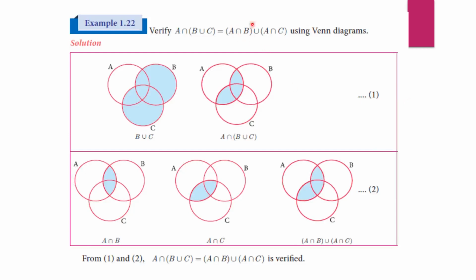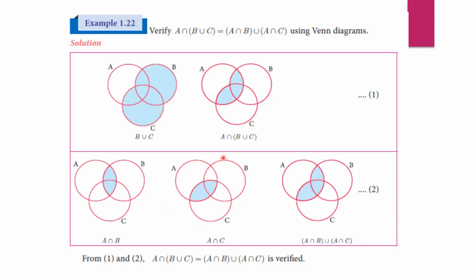For the RHS, within the bracket A intersection B means the portion which is common in the A circle and B circle alone. You should not see the C circle. Shade this portion as A intersection B. And A intersection C means you have to see the A circle and C circle and shade the common portions in these two alone.